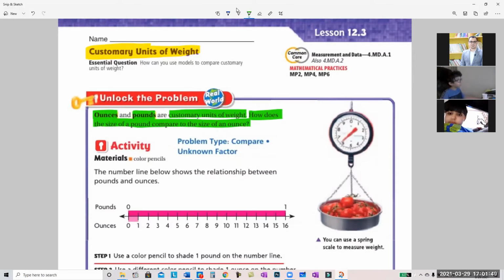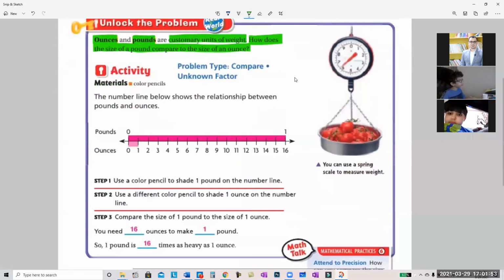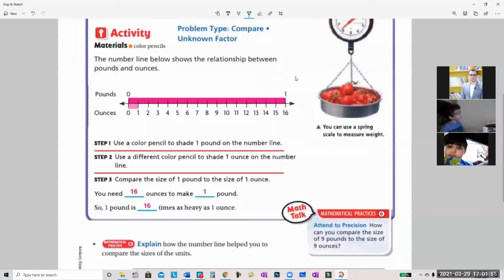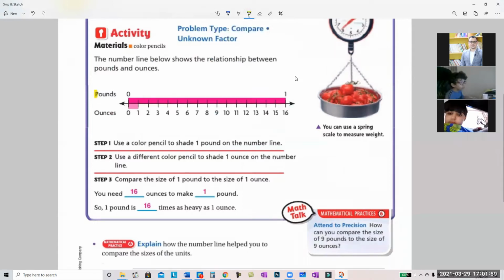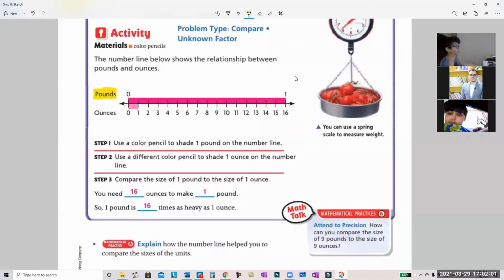So let's use the number line to compare between them. Okay, as you see here, we can represent 1 pound as one whole. And we have here ounces.